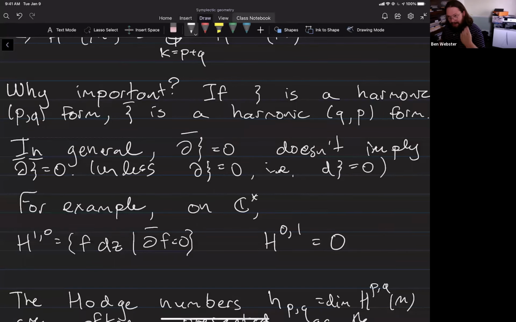The (1,0) Dolbeault cohomology is all of the holomorphic functions, all of the functions that are killed by del bar, and the (0,1) Dolbeault cohomology is trivial, because every (0,1) form is del bar of some function.